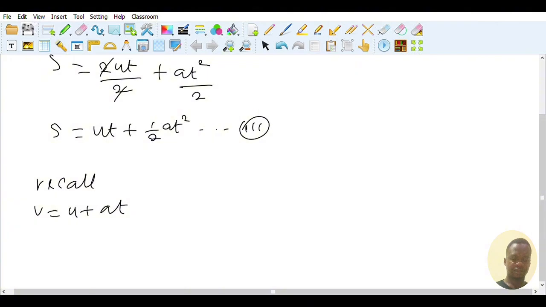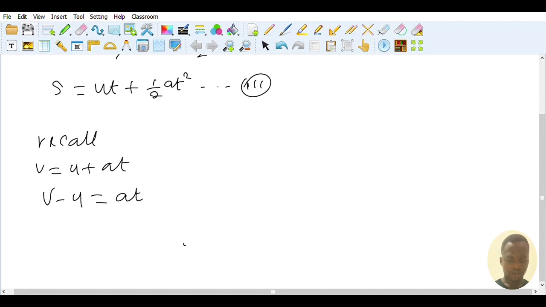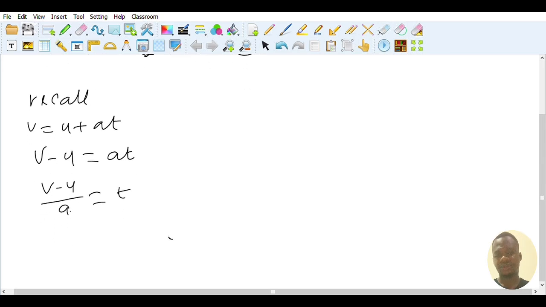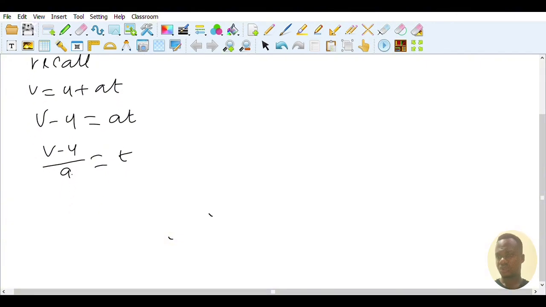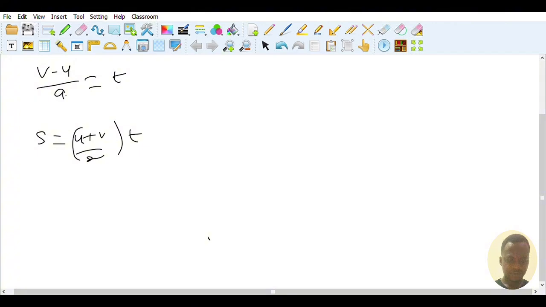If we make T the subject of the equation here, we're going to have V minus U is equal to AT, and then divide both sides by A. We'll have V minus U all over A is equal to T. So if we now put this into equation 2 again, remember that equation 2 is S is equal to U plus V over 2 times T. So anywhere we see T, we put V minus U over A.